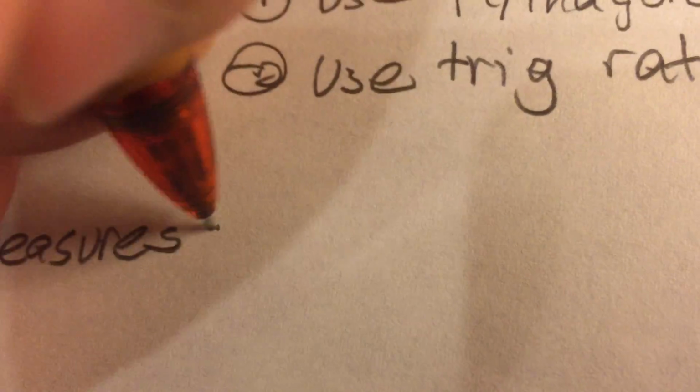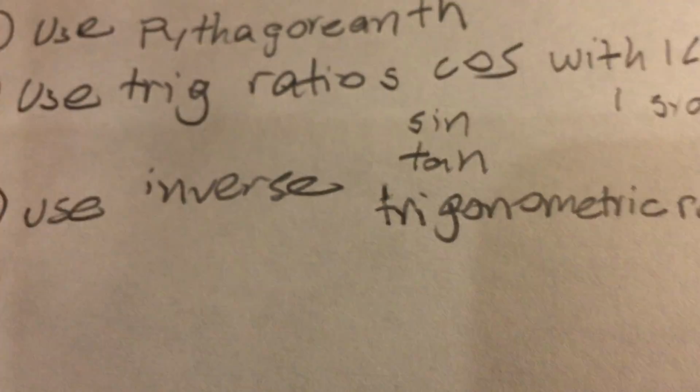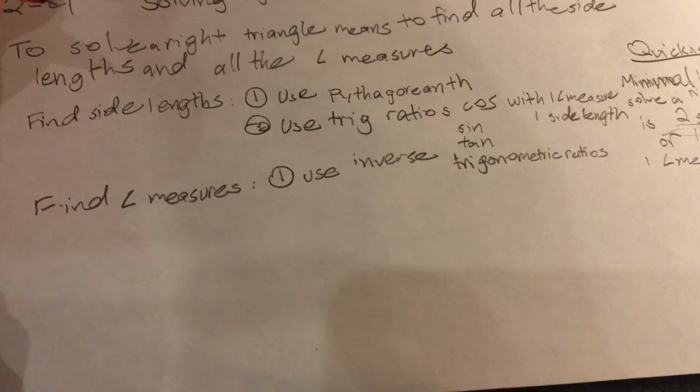To find angle measure, use inverse trig ratios. And we all know what those are, right? So just copy that down for a second.